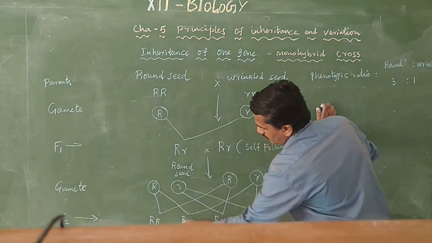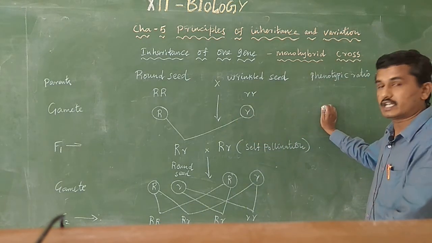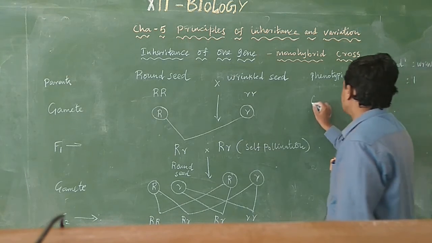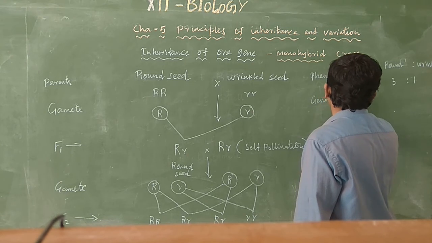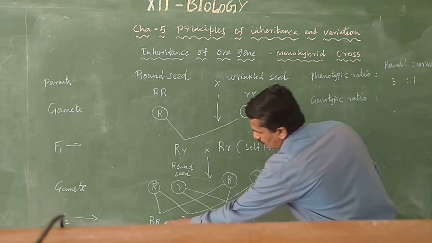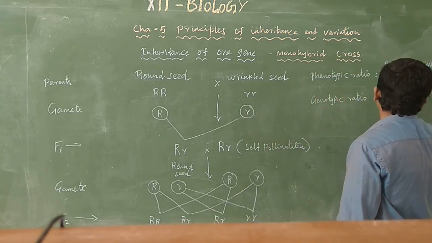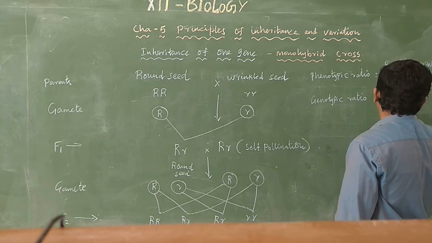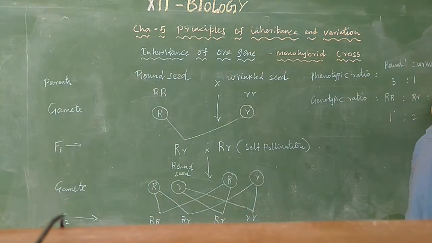Round, morphologically this is round, but genetically it is very different. Here, homozygous capital R capital R is one, capital R small r is two, and small r small r is one. This is the genotypic ratio of the F2 generation.